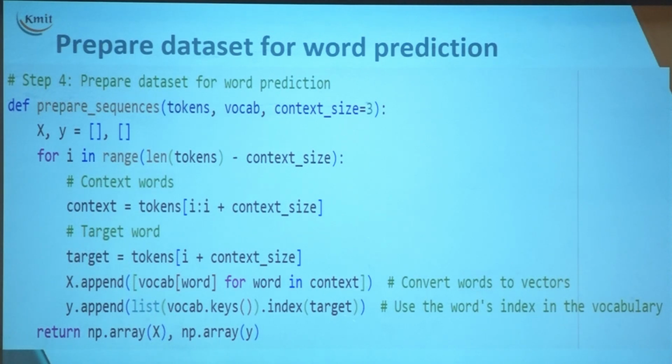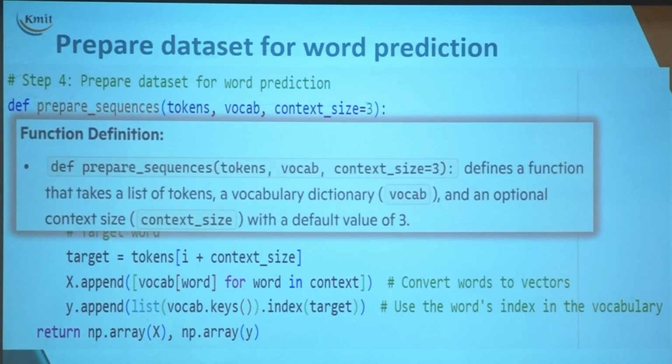So context window means what? A minimum of how many words would be used to understand the context of your input and try to predict the next word out of it. So here, minimum how many words would your model take? 3 words, and try to generate or predict the 4th word. Clear?